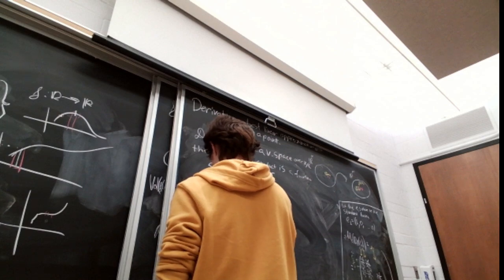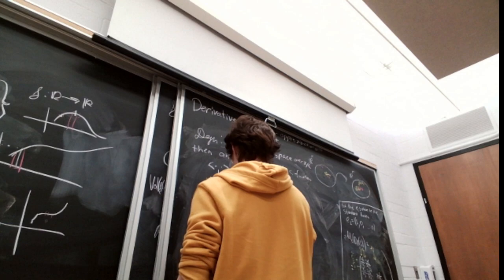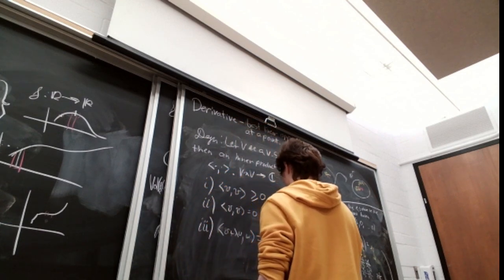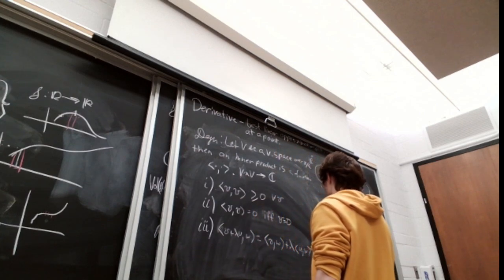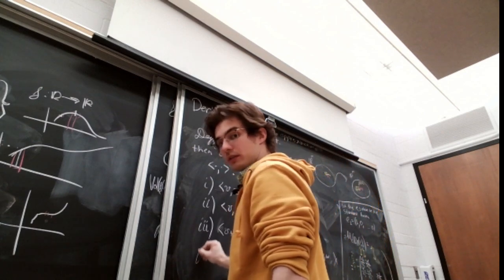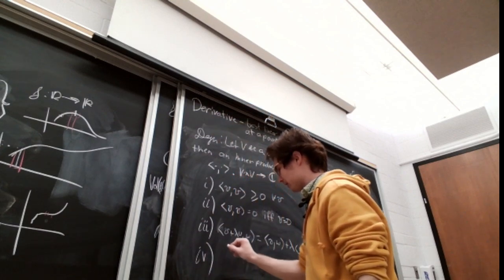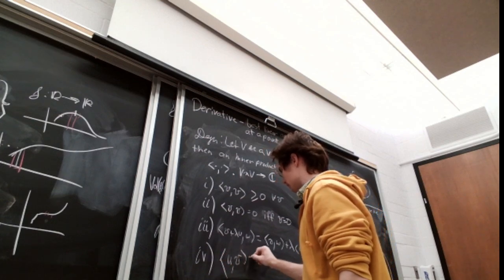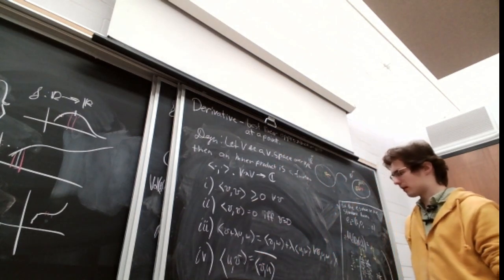3. Linear in the first entry. So the inner product of V plus lambda U with W is equal to the inner product of V with W plus lambda times the inner product of U with W, for all V, U, W, lambda. And 4, right, you can't really see what I'm writing on the camera. And 4 is that the inner product of U with V is equal to the complex conjugate of the inner product of V with U for all vectors.